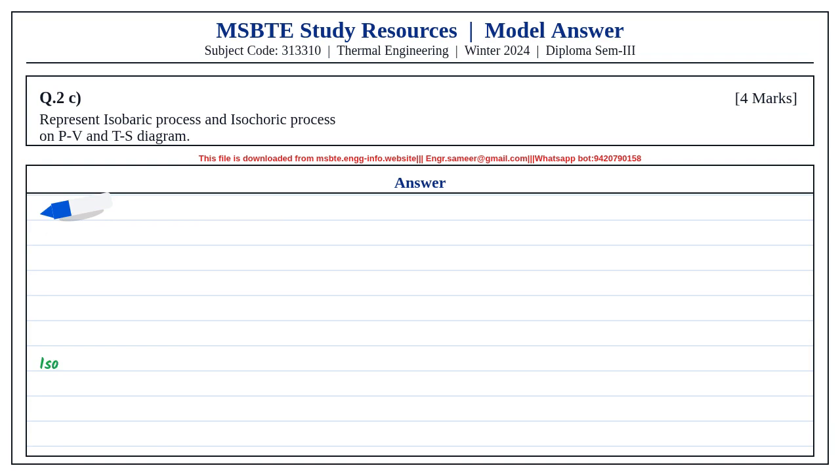Question 5c. Explain Benson boiler with neat sketch. Benson boiler is a high-pressure, water tube, forced circulation, once through boiler. It has no steam drum. Feed water is pumped through economizer, radiant evaporator and superheater coil.